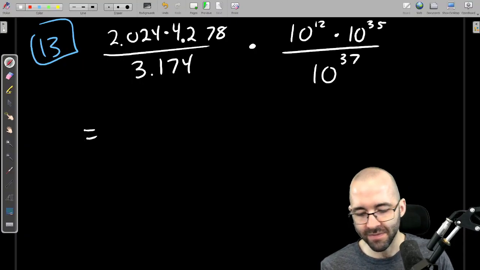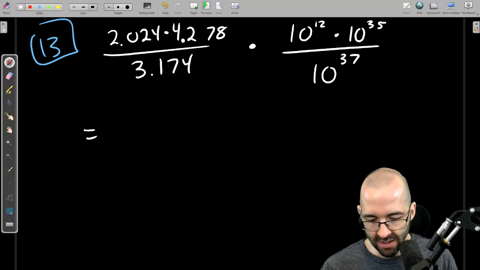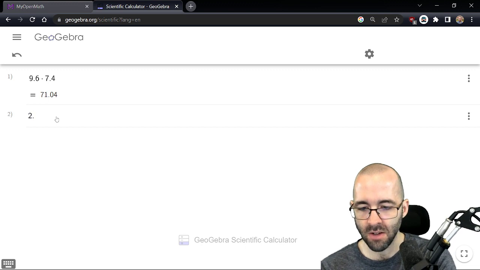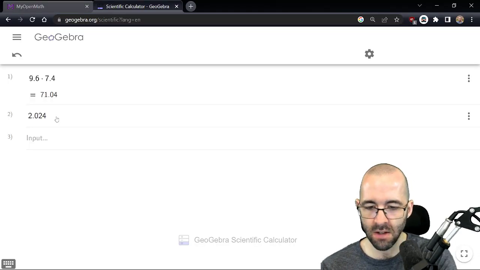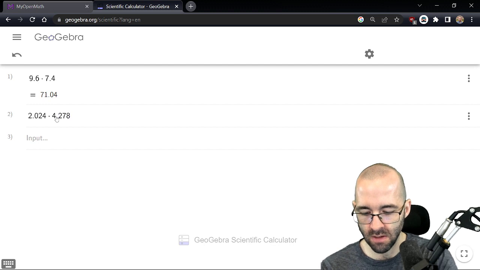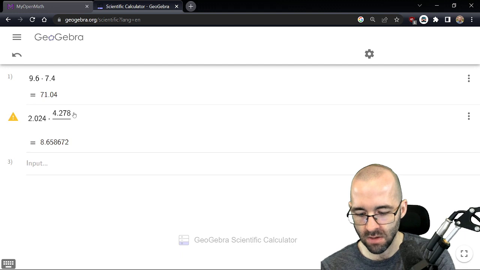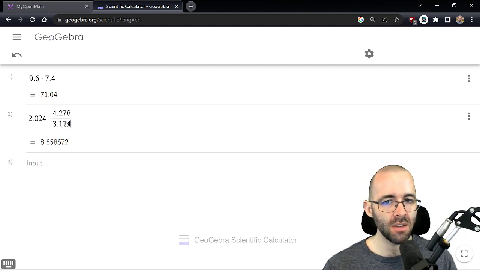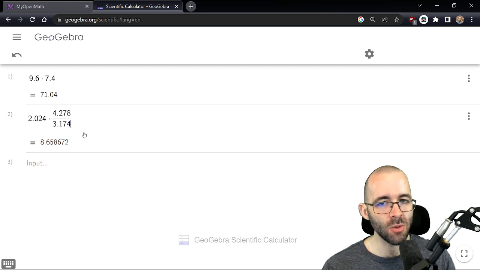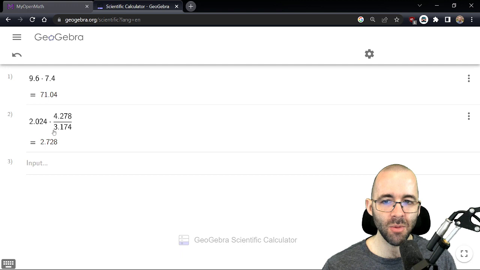So we do that with our handy dandy scientific calculator. 2.024 times 4.278 divided by 3.174. Remember, this looks a little different, but because of how multiplication rules work, my answer will actually be the same as if we typed it in with parentheses.